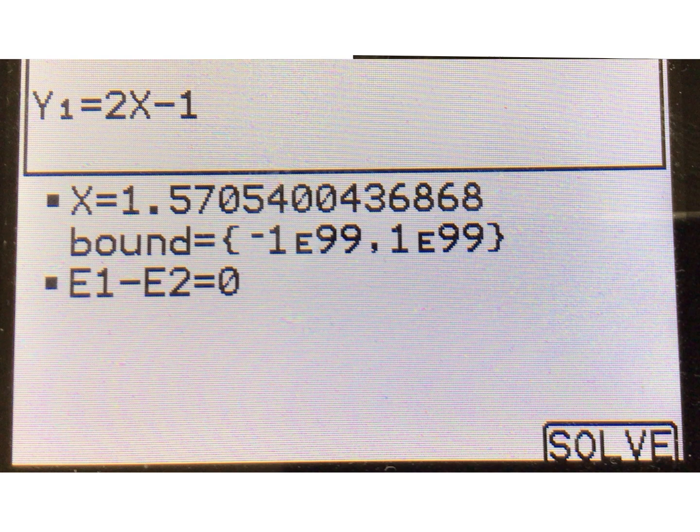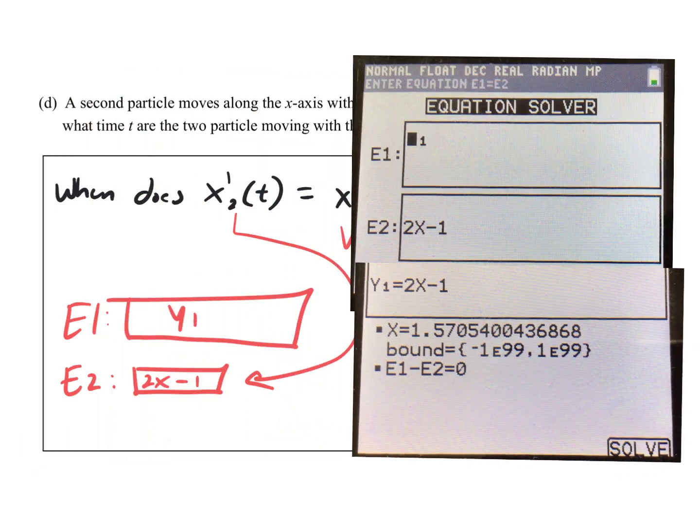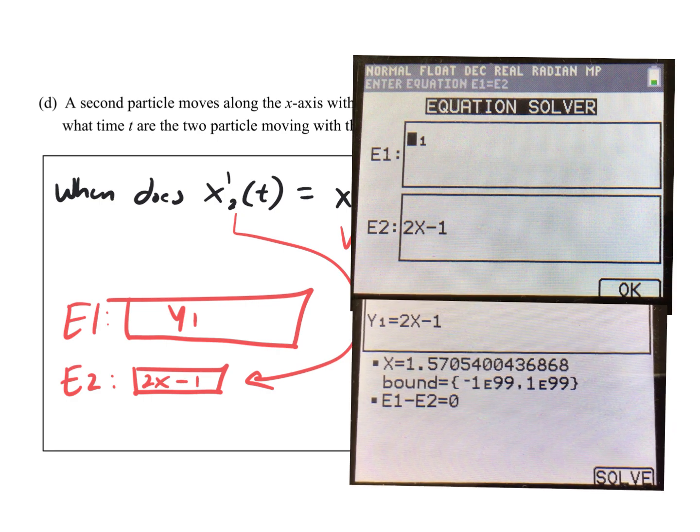Okay, so remember that the buttons at the bottom, any of these tabs, correspond to the top row of buttons. So this solve would correspond to the graph button on your calculator. Okay, and then this is the answer. Okay, and of course you would either truncate it or round it, whatever. Okay, 1.571 is probably what you have. Okay, just again, just another option.